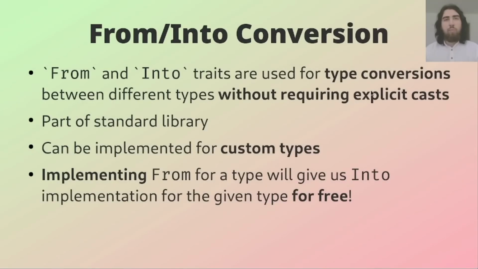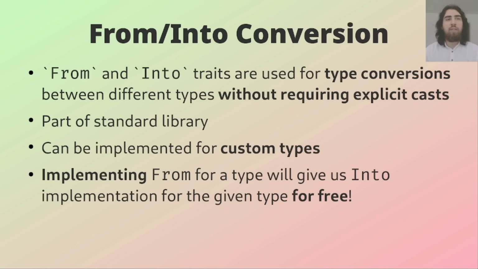So we have seen type conversions for integers and types from the standard library. But what if we want to convert types that we defined, basically custom types? And Rust has for this the From and the Into trait. So let's see, From and Into traits are used for type conversions between different types without requiring explicit casts.